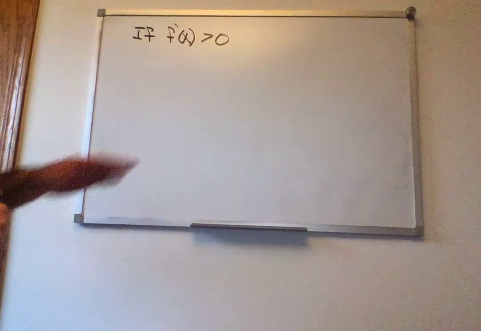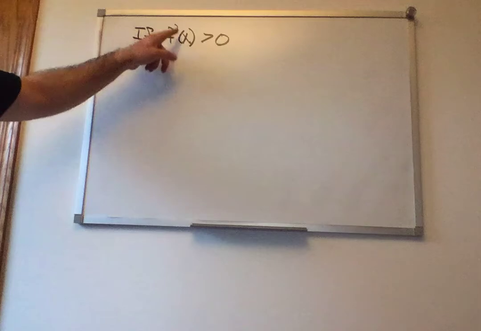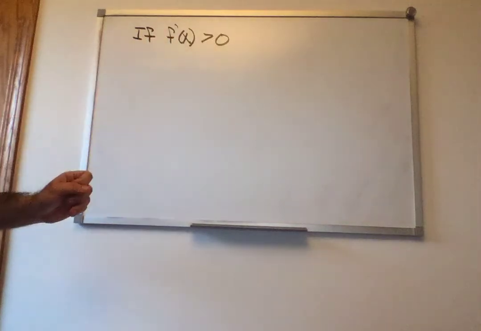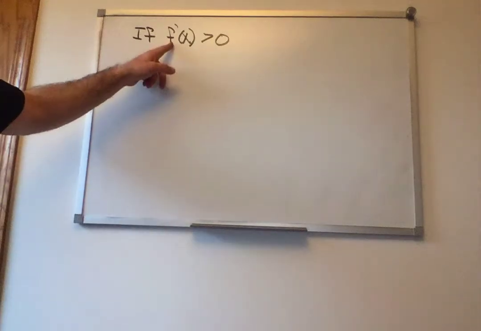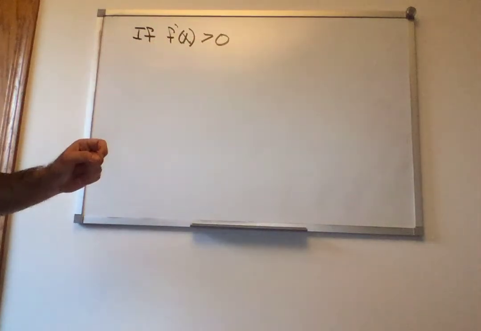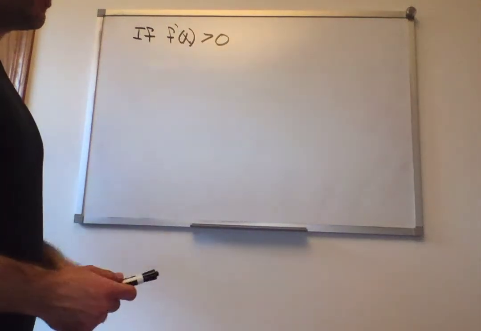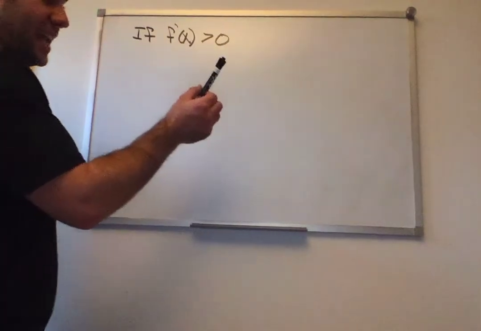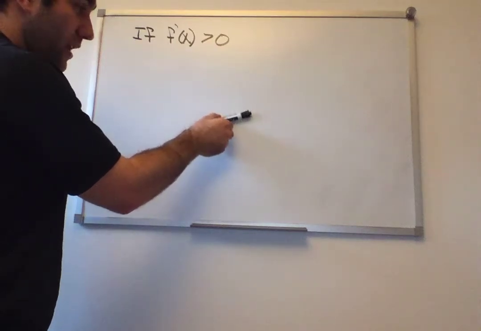Okay, let's think about what this means for a second. F prime of x. F prime, what does that mean? It's a derivative. Okay, what does the derivative mean? The derivative means a slope. So the slope is greater than 0. The slope is positive. And if you think what having a positive slope is, if we were to draw tangents with all those slopes, they're all pointing upwards.